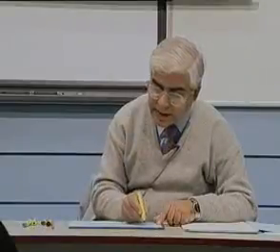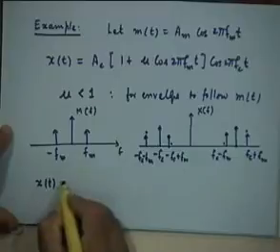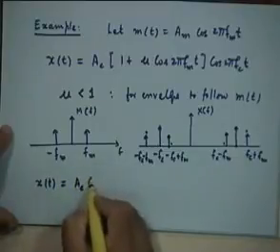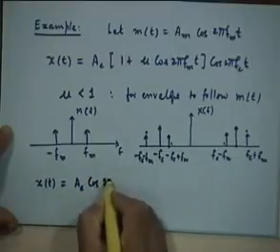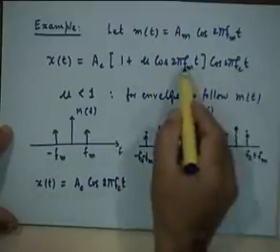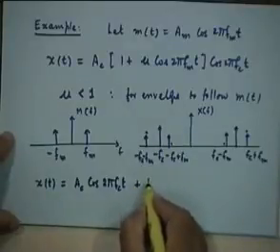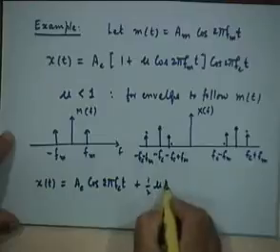So if you were to write this expression in terms of the various components present in the signal, it is the carrier component, which is A_C cosine 2 pi f_c t, and by using trigonometric identities you can write the rest in terms of the two sideband components.